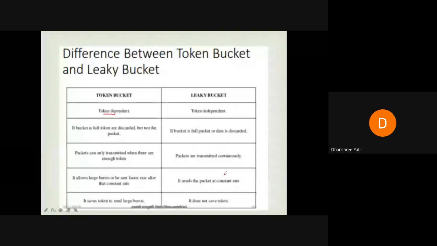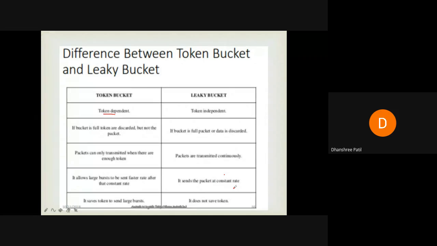In case of the leaky bucket, packets are transmitted continuously. Means flow is maintained, and within that flow, the packets are transmitted. The token bucket allows large bursts to be sent at a faster rate, after that a constant rate. Means at a time if 100 tokens are available, 100 packets can be sent in case of the token bucket. But in case of the leaky bucket, it sends the packets at a constant rate.